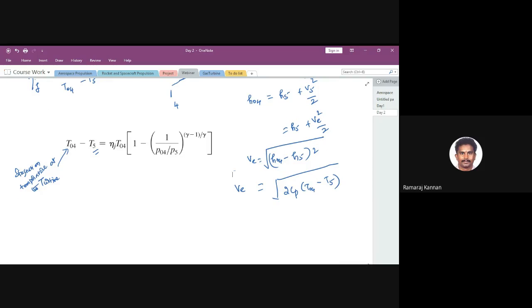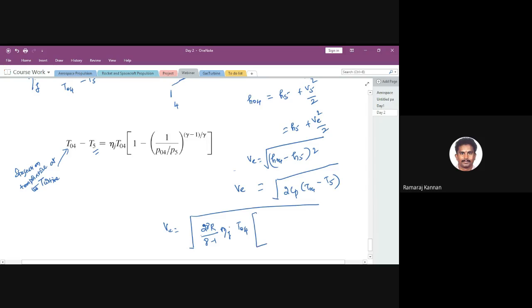Or we can write it in this form: V is equal to the square root of 2 gamma R by (gamma minus 1) into the isentropic efficiency of the nozzle into T04.